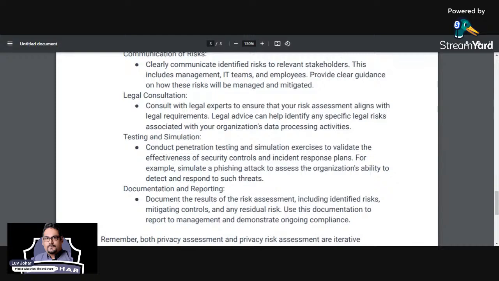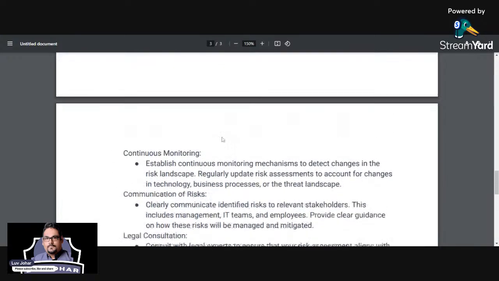So that's why you try to test and simulate all these activities, and this is again a part of the process. After that, documentation and reporting is again a similar one. You have to make sure you document all the results for the risks that you are mitigating, and any residual risk, and follow up as a continual practice.